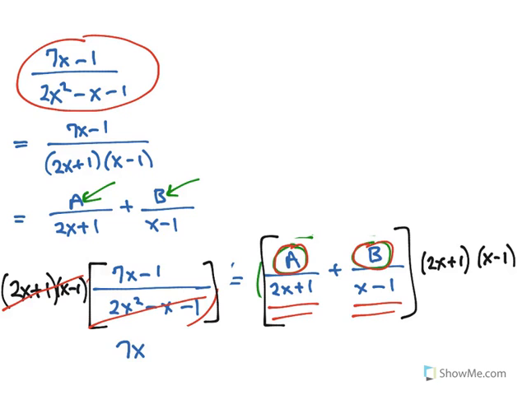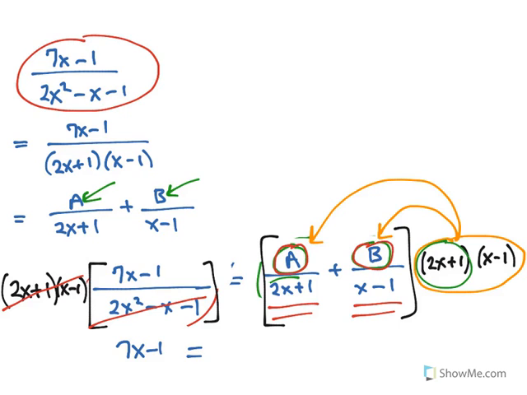And you'll just be left with 7x minus 1. On the right side of the equation, you will distribute the LCD to each partial fraction. And when you distribute the LCD to the first partial fraction, the denominator will cancel with the 2x plus 1, leaving you with the numerator A times x minus 1, the other factor from the LCD, because 2x plus 1 canceled with the denominator.